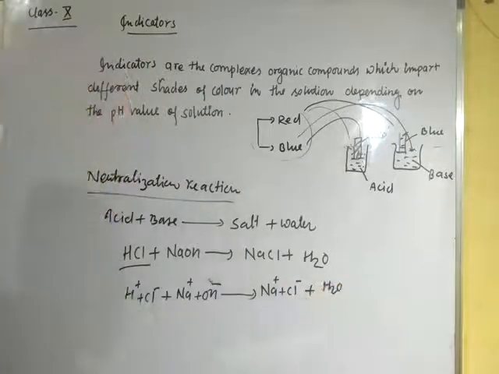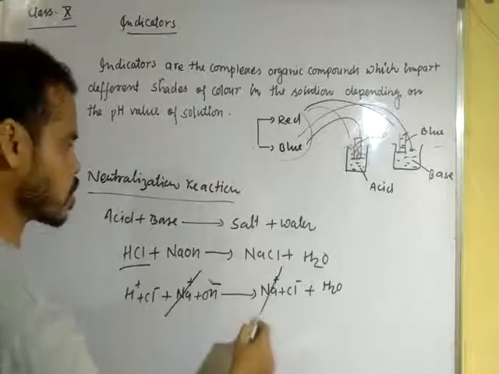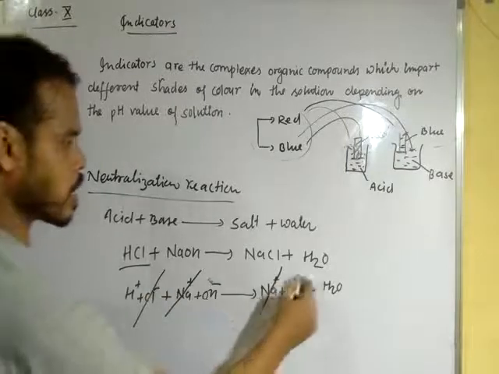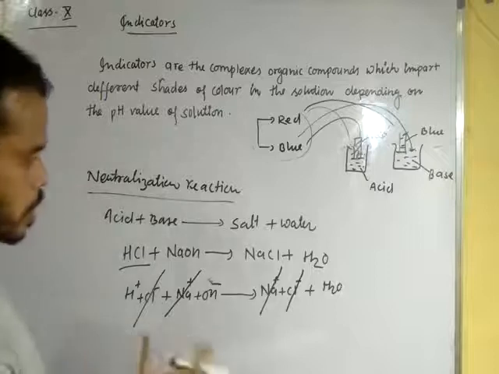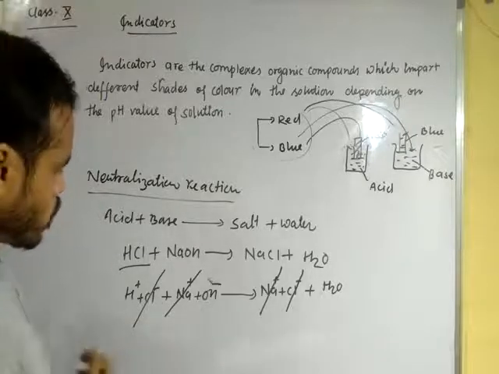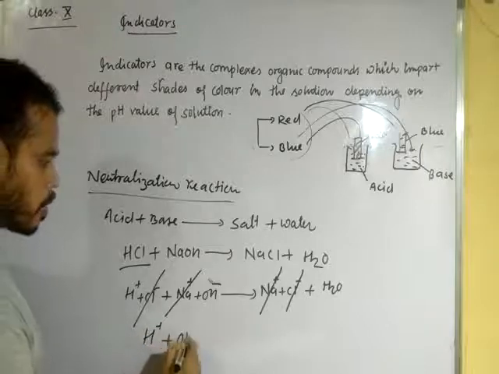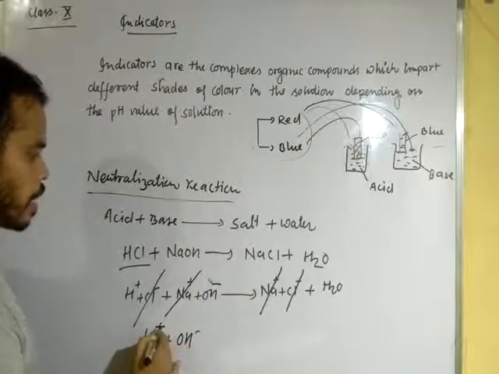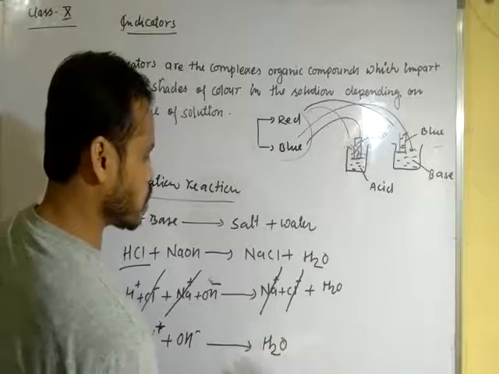Clear, dear student? So cancel the common terms on both sides. Here is sodium, here also sodium; here chloride, and on this side also chloride. Cancel the terms which are common on both sides. What is left is H positive and OH negative on the left-hand side, and it completely forms H2O.